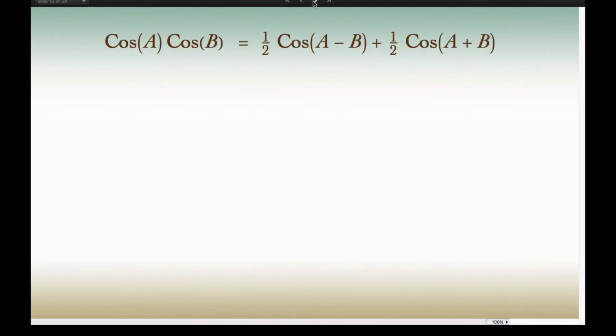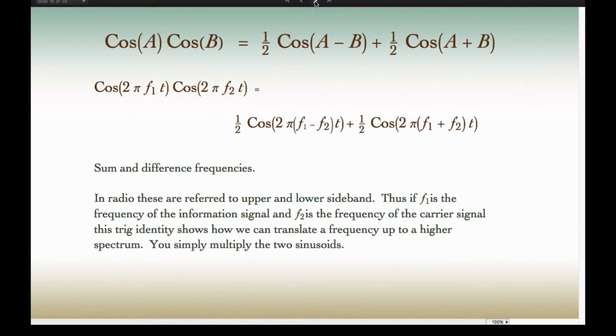Let's start with the following identity, which says that the cosine of A times cosine of B is equal to the following. To see what this identity means, we put it in terms of sinusoids.